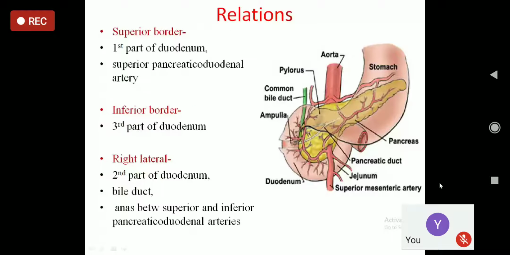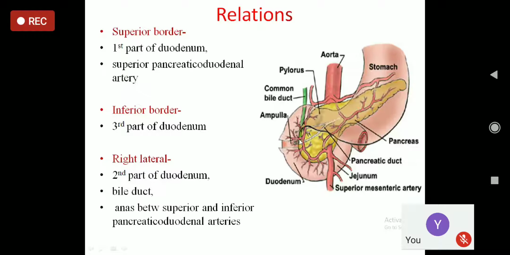Talking about the relations of the head, the superior border is related with the first part of the duodenum. As we can see, the superior pancreaticoduodenal artery can be seen. So the superior pancreaticoduodenal artery and the first part of the duodenum are related with the superior border of the head. And the inferior border is related with the third part of the duodenum, or the horizontal part of the duodenum.